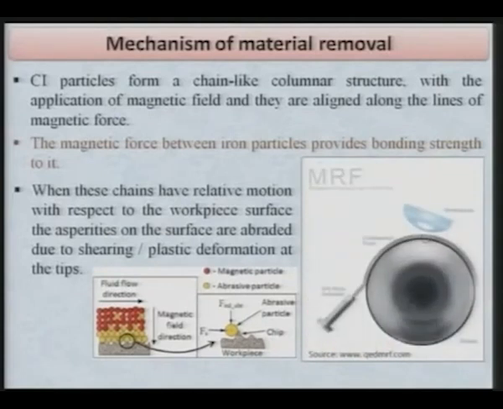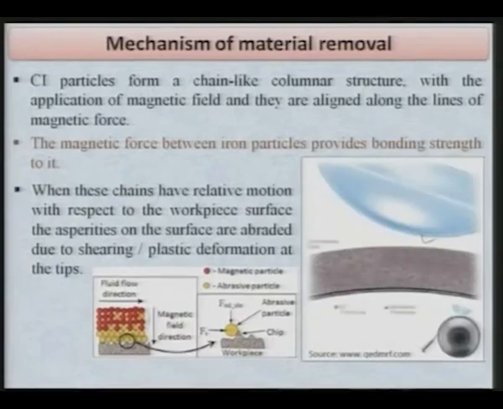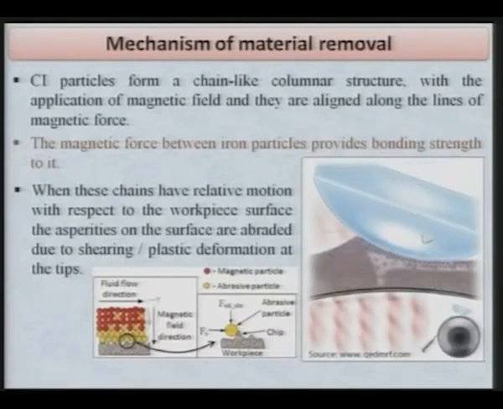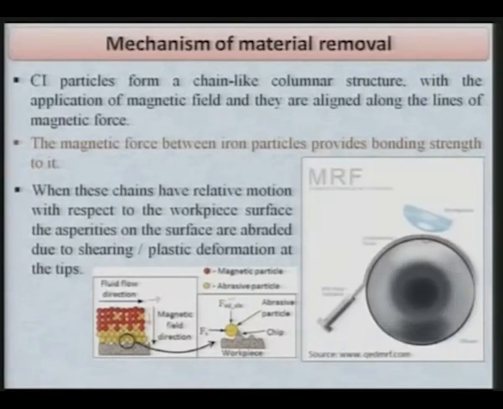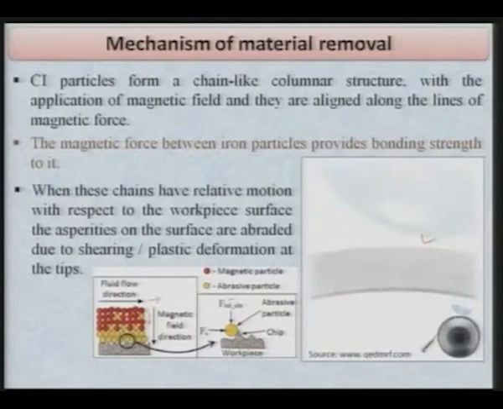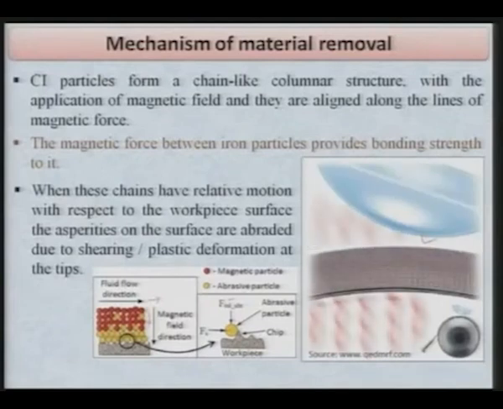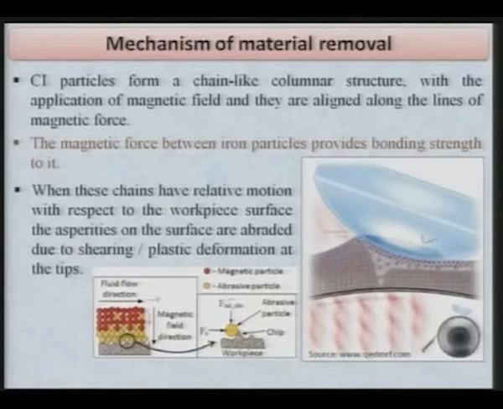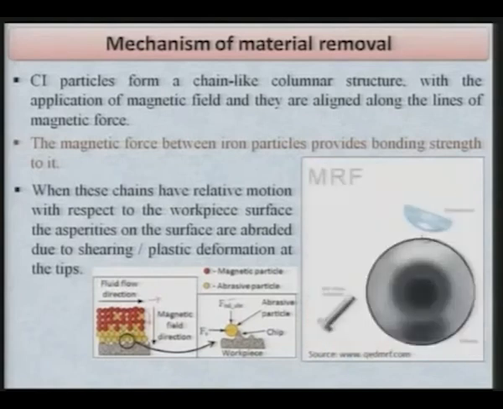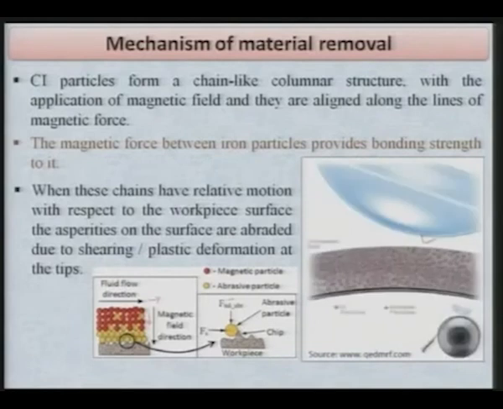As you can see here, the magnetic field direction is shown with this arrow, and this is the fluid flow direction, and these are the abrasive particles in yellow color over here, and because of this normal force, this abrasive particle is penetrating inside the workpiece surface, and there is a shearing force which is responsible for removal of the material in the form of microchips or nanochips, depending upon the depth of penetration.